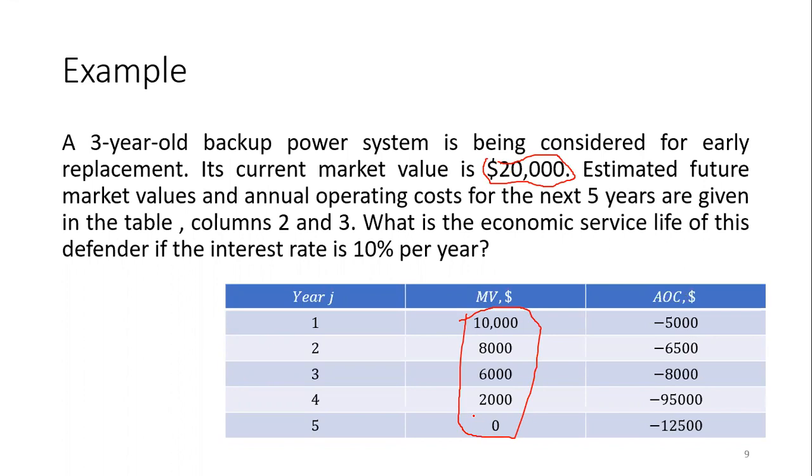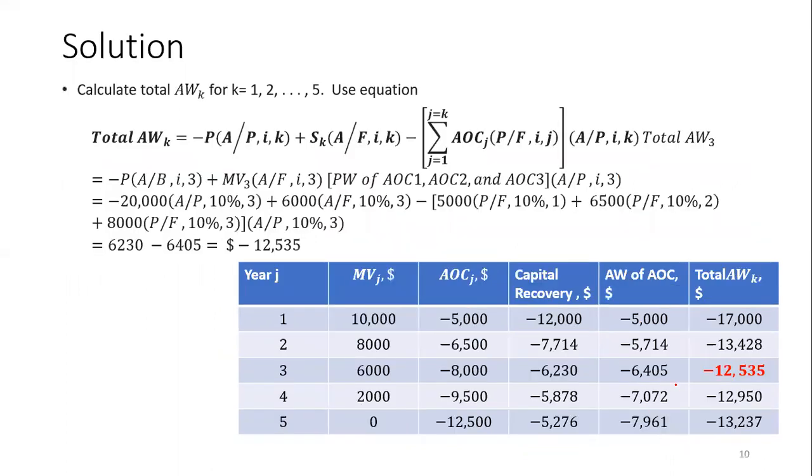Okay. What is the economic service life of this defender if the interest rate is 10% per year? And he gives me annual operating costs that are not uniform, but random costs, like you see, negative 5,000, 6,500 until 8,000, 12,500.